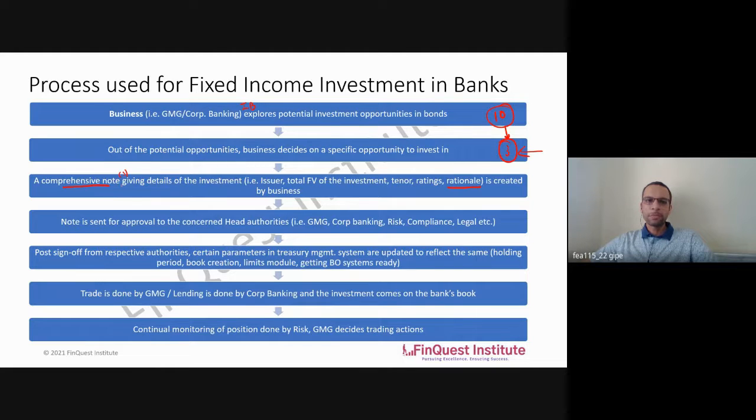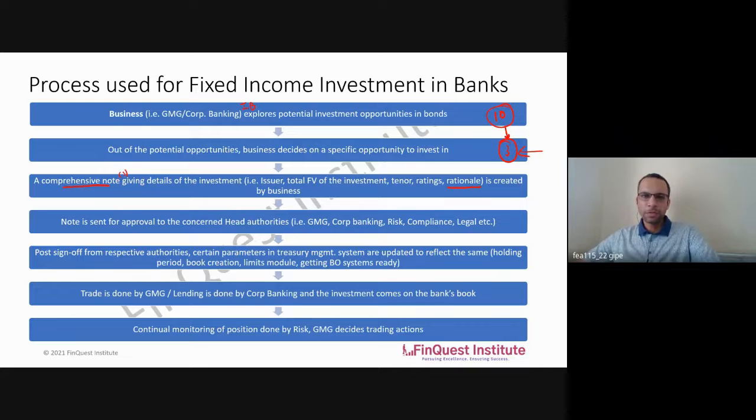Now, this note which is prepared by the business will be sent to different teams within the bank, because we know that in a bank there are various teams which work together. So you have the core business group, then you have people from risk, compliance, legal, audit, etc. All of them work together for the smooth functioning of the enterprise, or the bank in this case.